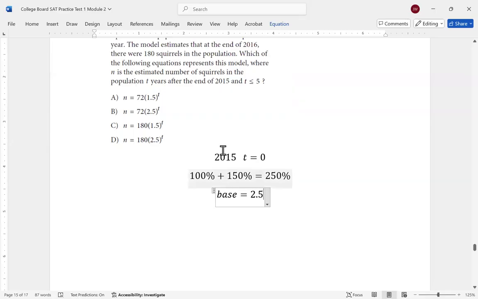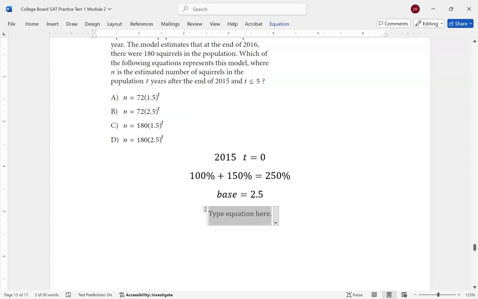And then I want 180 at the end of 2016. That's a T of 1. So when you plug in 1, you should get 180. Notice that that's going to happen with B. We're going to have a base of 2.5.